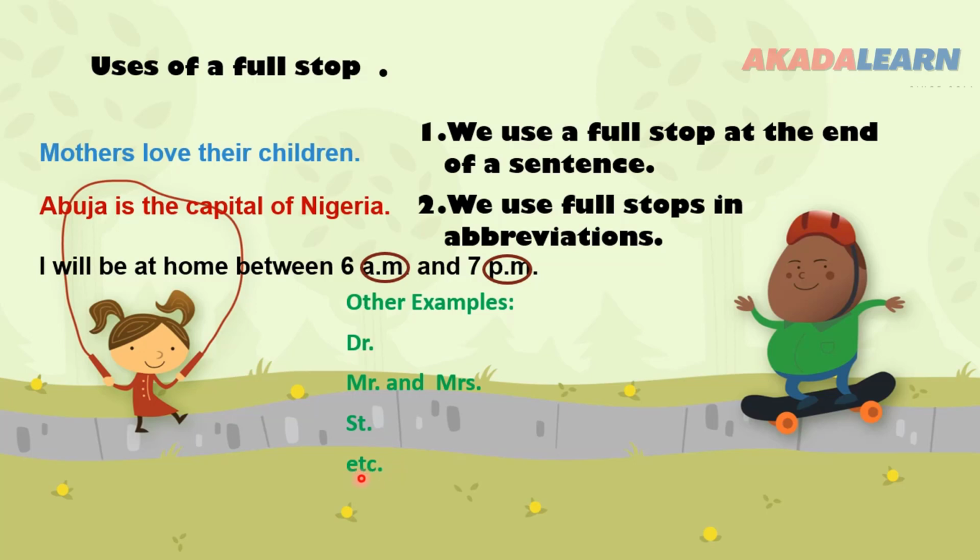So etc. is a short way of saying there's so much more to say, but I'm going to stop here. Okay, it's when you are listing a number of things, but you don't want to list everything. Etc. is an abbreviation of the word et cetera.